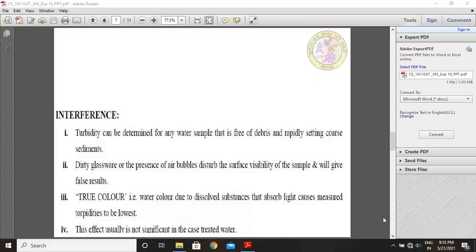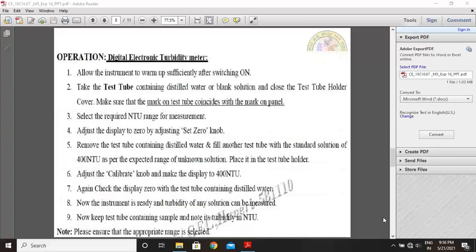True color, that is water color due to dissolved substances that absorb light, causes measured turbidities to be low. This effect usually is not significant in the case of treated waters. So these are the obstructions or interferences.